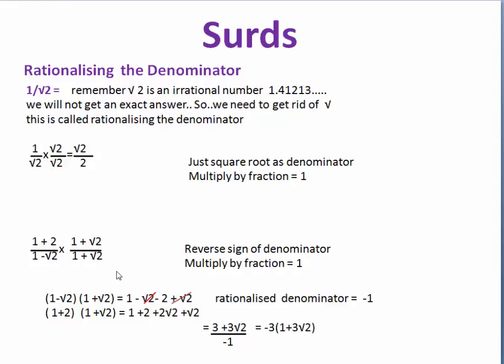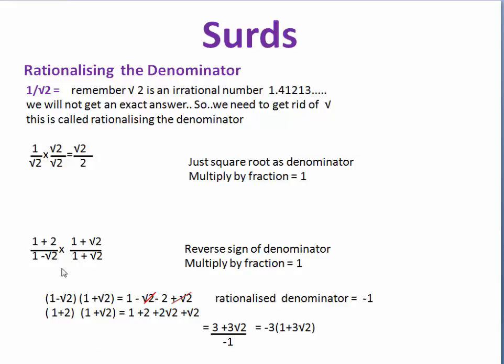This is the denominator, this term multiplied by these two terms, so we put brackets around them. These two square roots cancel each other out, so we've rationalized the denominator. We get 1 minus 2 as our new denominator, which is minus 1.